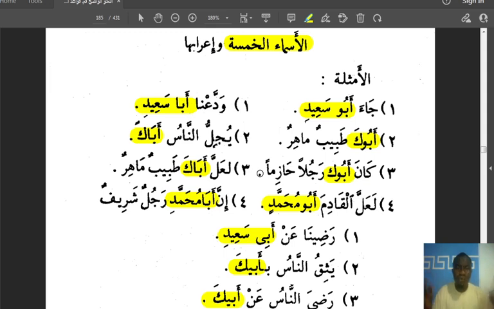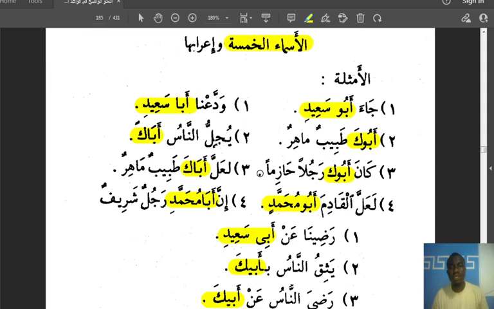And this waw, alif, ya becomes the signs of i'rab for this particular word in this form of construction. So when you see Abu Bakr, Aba Bakr, Abi Bakr, know that the signs of i'rab are the alif, ya, waw, not any fatha, kasra, damma.